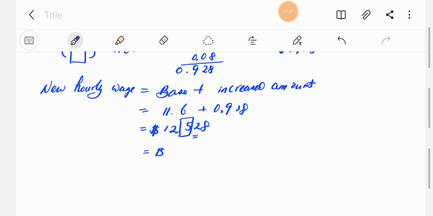So this will be 12 point. Okay, the cent is 2, right? 2 is the cent.